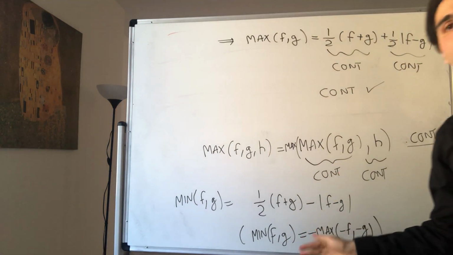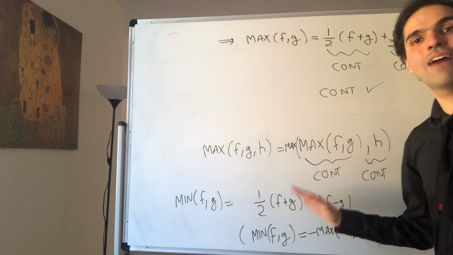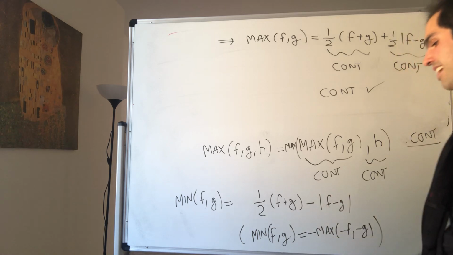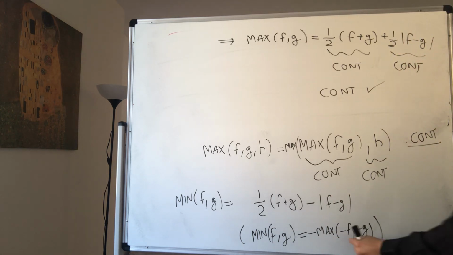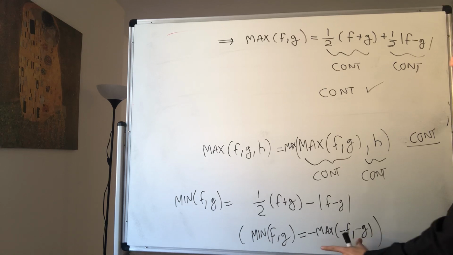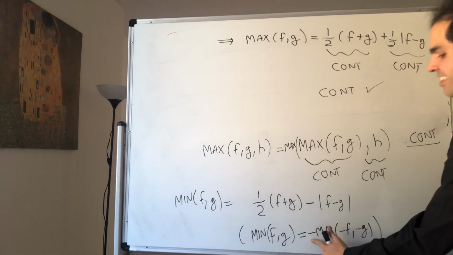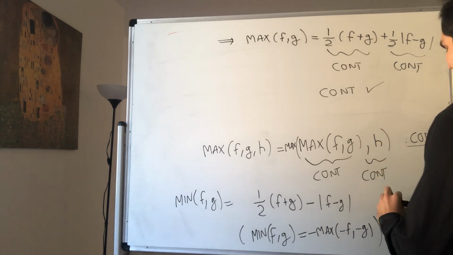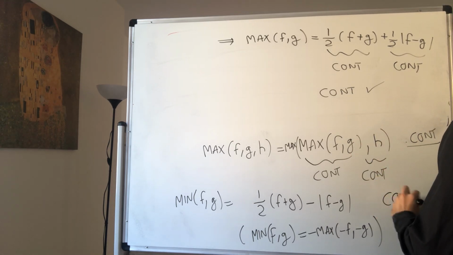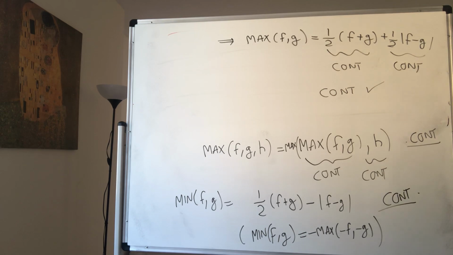Kind of like we showed that the infimum of S is minus the supremum of minus S. Kind of similar to that. And minus f is continuous, minus g is continuous, so the max is continuous, so minus the max is also continuous. So in the end, the minimum of two functions is continuous as well.